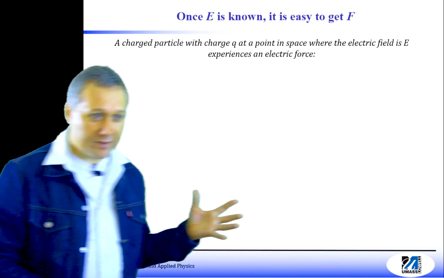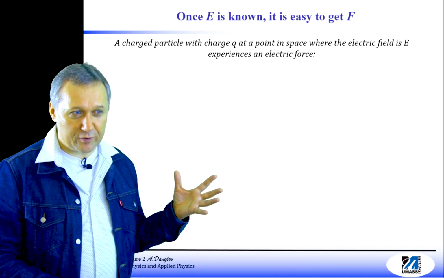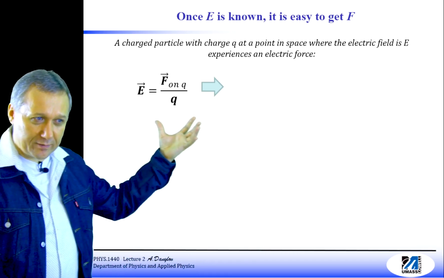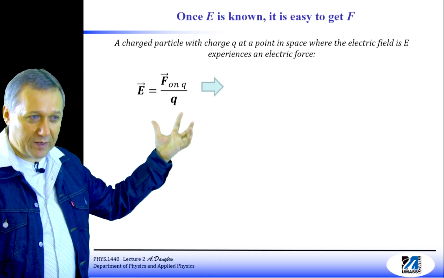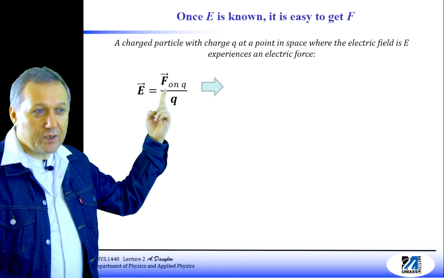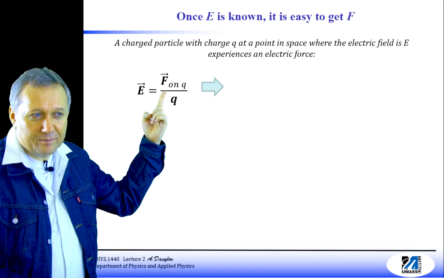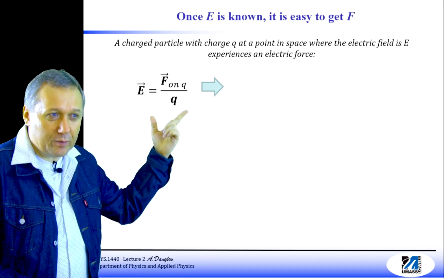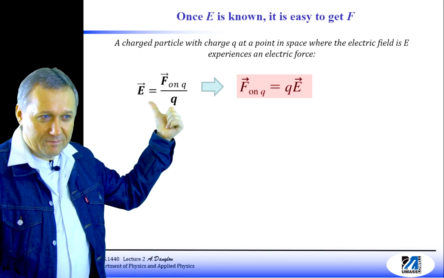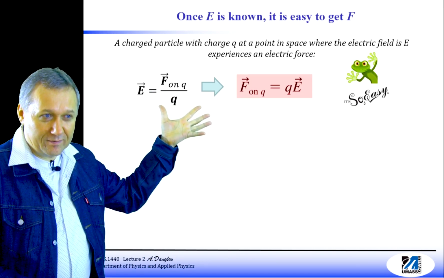Very, very simple. How can we get the expression for the electric force? Basically, recall the definition of the electric field, right? You remember E = F divided by Q. In order to get the expression for the force, just solve it for F. F will be equal to Q times E. So easy.